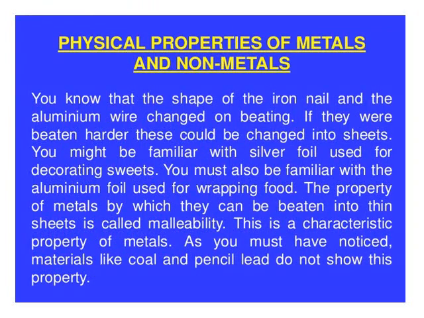We have observed that metals and non-metals can be identified with the help of their physical and chemical properties. Now, what is a physical property? A physical property can be observed or measured without changing the composition of matter.